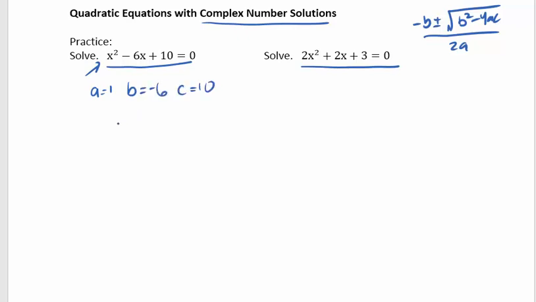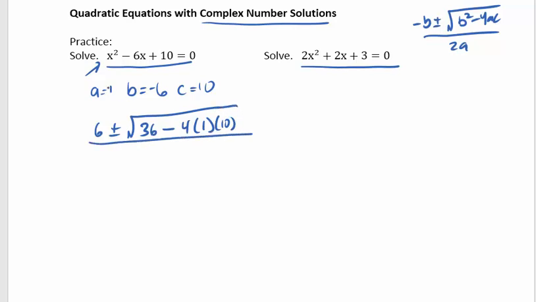So let's see. -b would be +6 plus or minus the square root of b squared. Well, -6 times -6 is +36, minus 4 times a, which is 1, times c, which is 10, all over 2a. Well, a is 1, so that's just divided by 2.